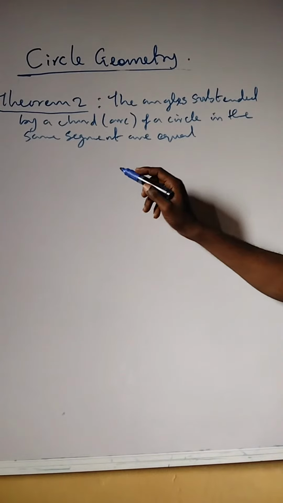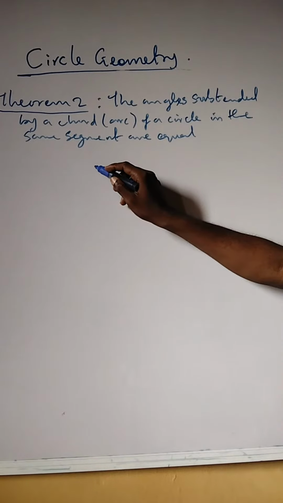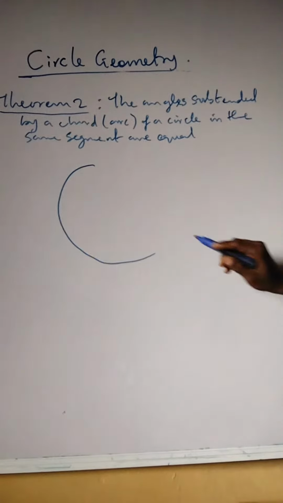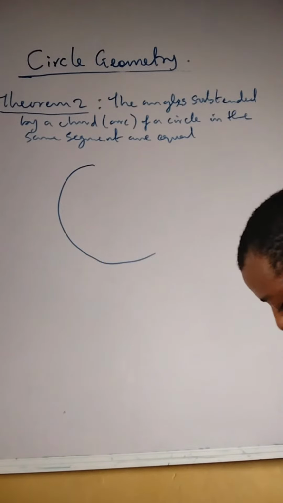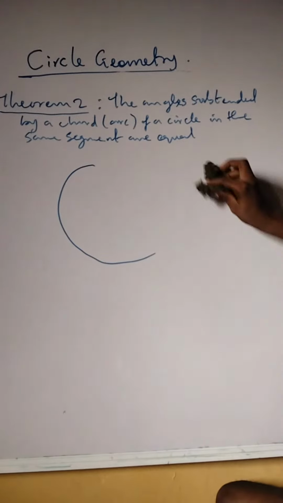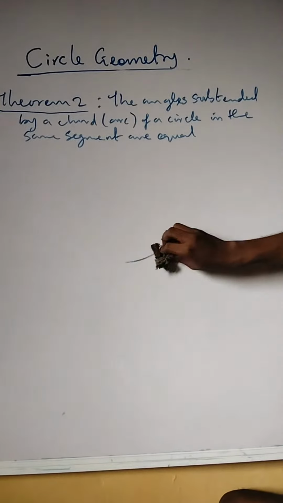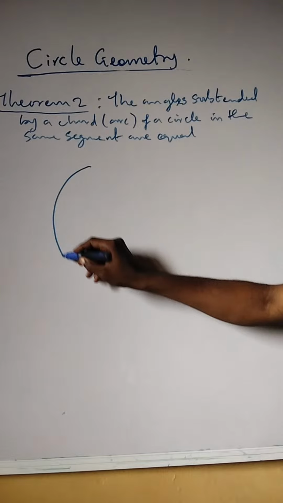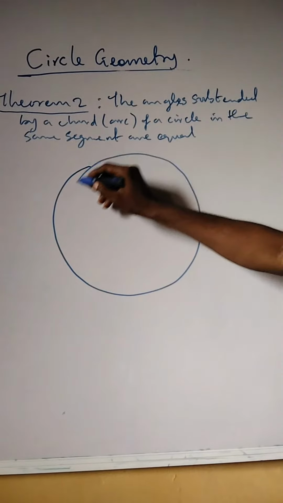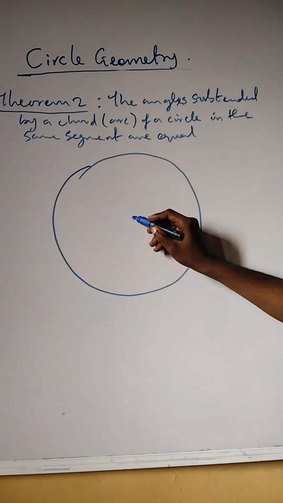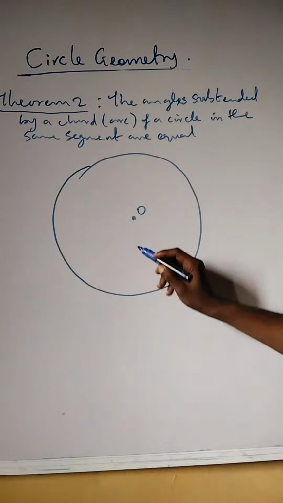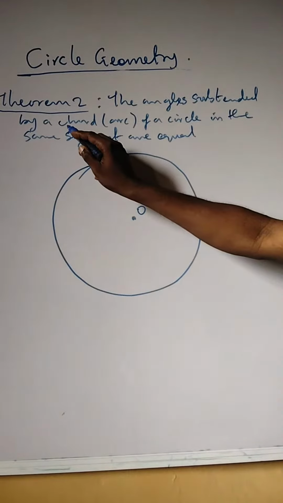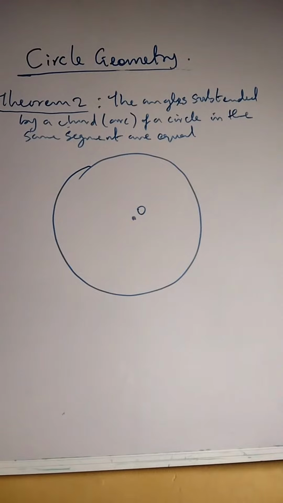Let's look at it. We have a circle. Let's just look at the drawing and see the proof. In the proof, we are going to be given a circle with center O, and we have a chord or an arc.